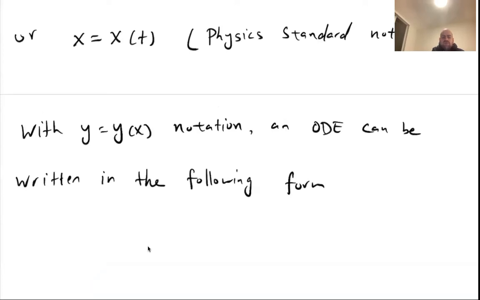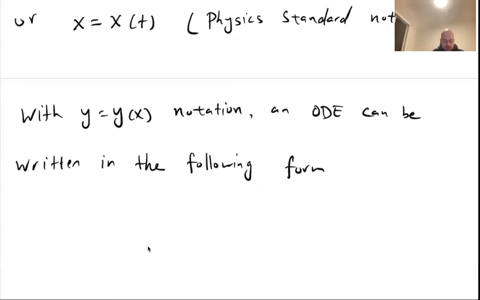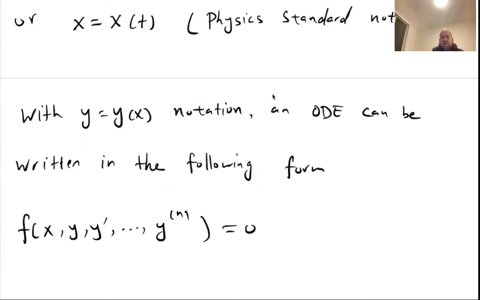An arbitrary ODE can be written in the form f of x, y, y prime, all the way to y nth derivative, equals 0. So you can have a mixture of x, y, y prime, y double prime, all the way to the nth derivative. This n could be any positive integer. If it's 1, it would mean y prime. If it's 2, it would mean y double prime, right? So we are allowed to have any derivative of any order appear in our ODE.